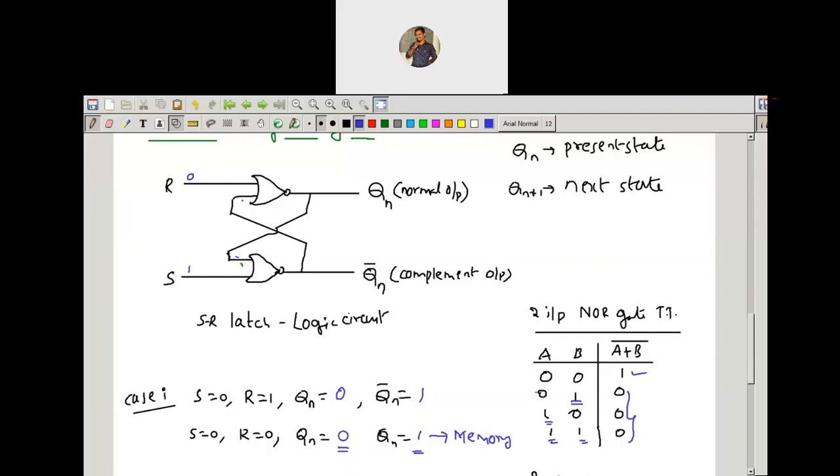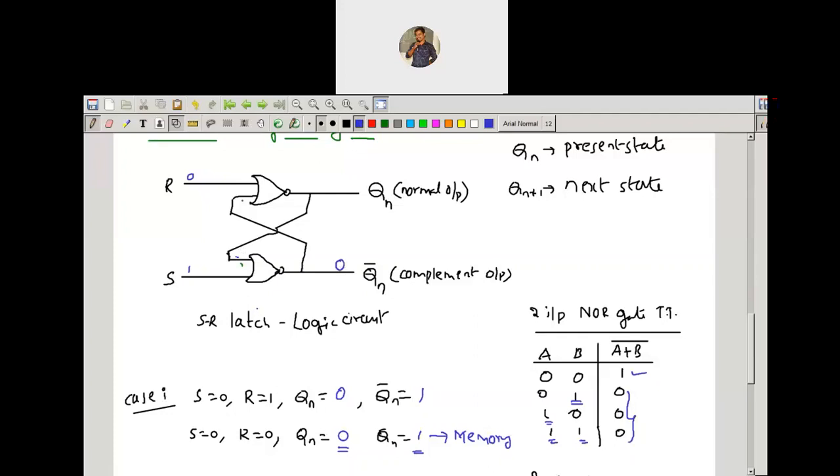So in this case, what happens here? We're making S value 1, set value 1. If you observe, for a NOR gate, if any one of the inputs is 1, what is our output? You're going to get output 0, right? Here S equals 1, so this complement output will be 0.